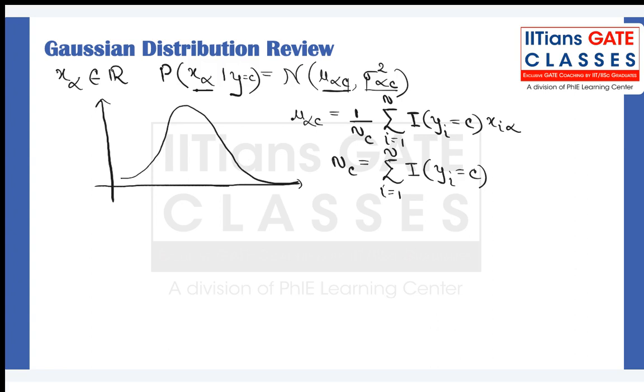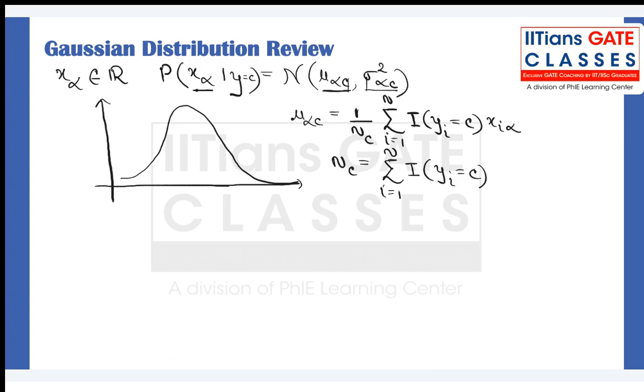If you want to take an average over nc, then you have 1 by nc, summation of i equal to 1 to n. If the label yi belonging to the ith sample is c, then you just add the corresponding value alpha to this summation. Just the mean formula, nothing very fancy here.